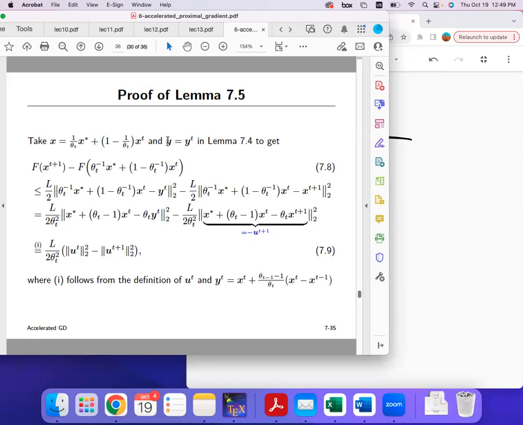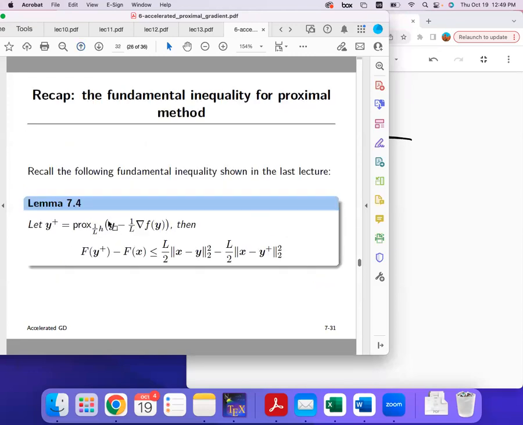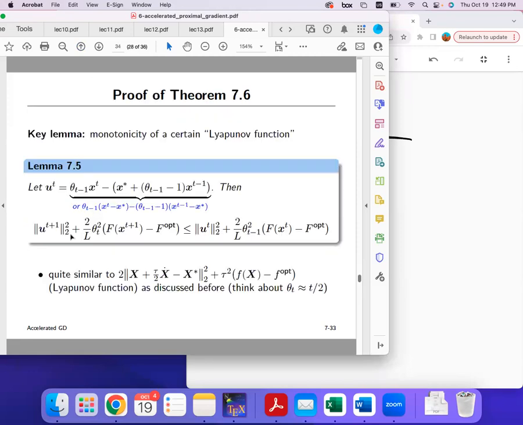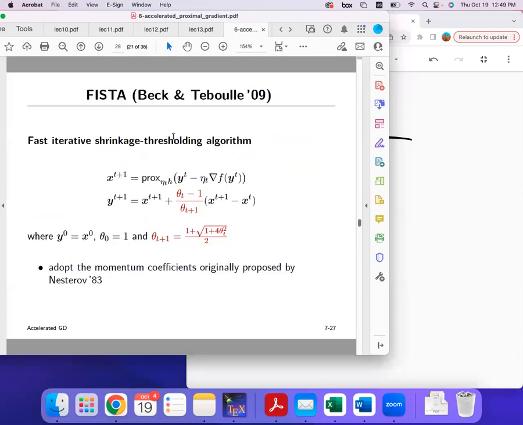Now here, y equals yt, so let's go back to the algorithm. Y equals yt, and then y plus is, starting from yt, one step of proximal gradient update. Now based on the accelerated algorithm, starting from yt, after one step of proximal gradient update, we get xt plus 1.